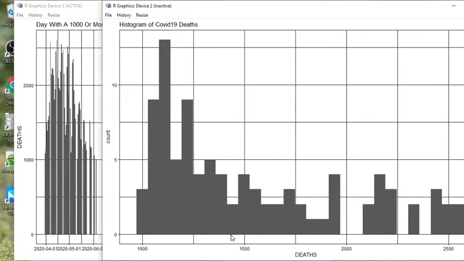Let's see if we can find another line. Here you can see once again the number of times when the deaths were 1,500 was less than 5. And the same thing out here. As the deaths go up, the number of times it occurred goes down.